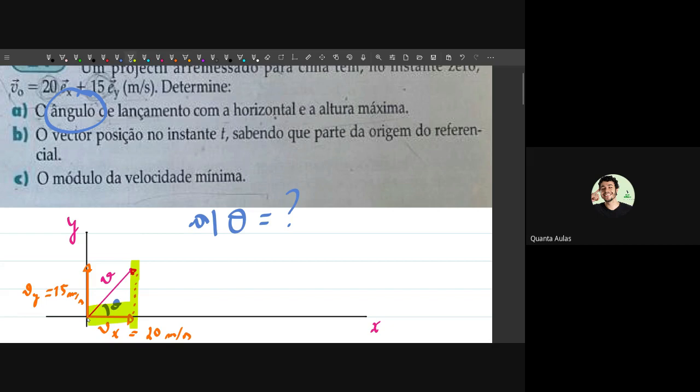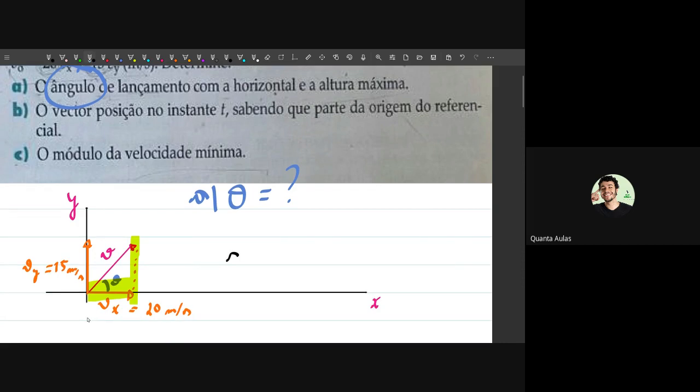We have the sides, okay? So we have a trigonometry function to obtain the angle. This function uses the sides of the triangle.